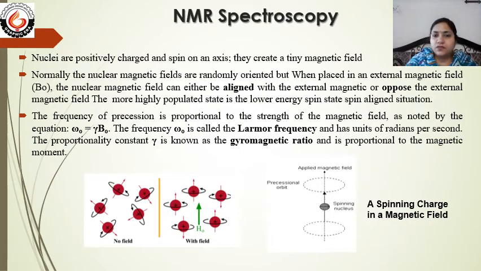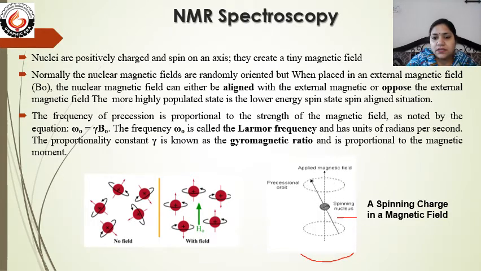First we will discuss the basic principle of NMR spectroscopy. It is based on a property of nuclei. Nuclei are positively charged and spin on an axis. Here is shown the spinning nucleus and the precessional orbit.